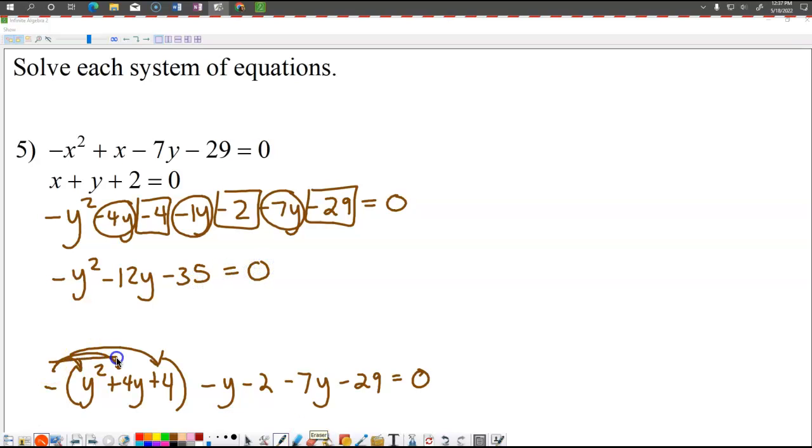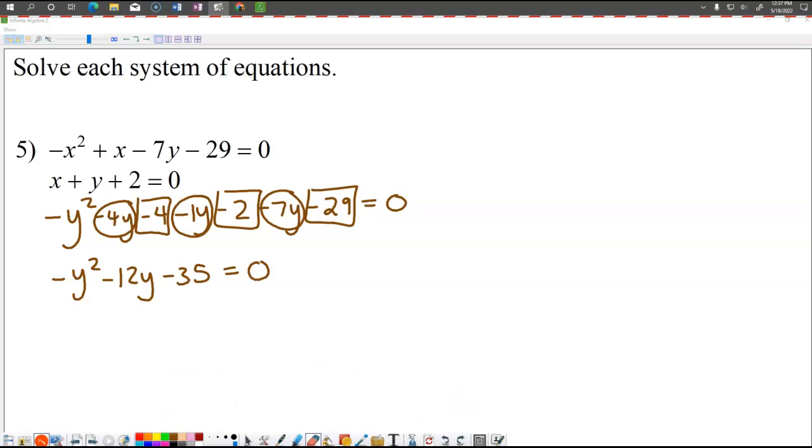All right. Now the way we're going to solve this, since it's a quadratic, is, you could use the quadratic formula. I prefer factoring. So the first thing I do is I don't like negatives in the front. So whenever I have that, I'm just going to divide both sides by a -1.